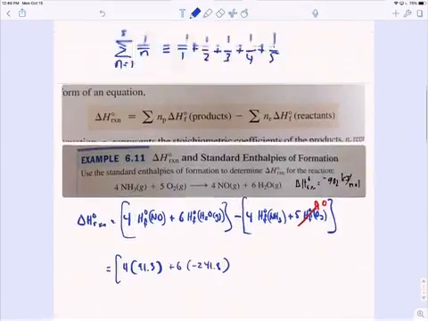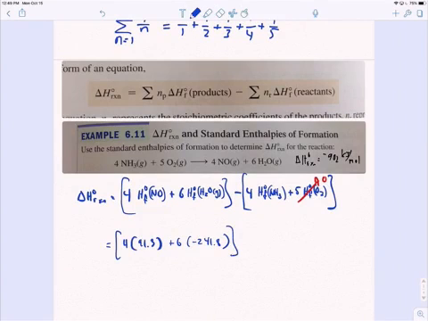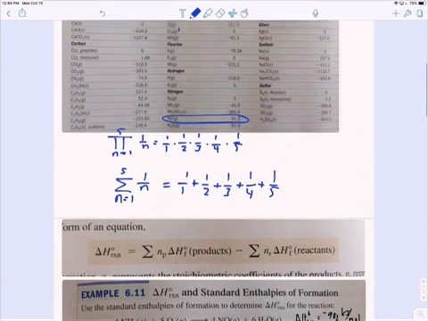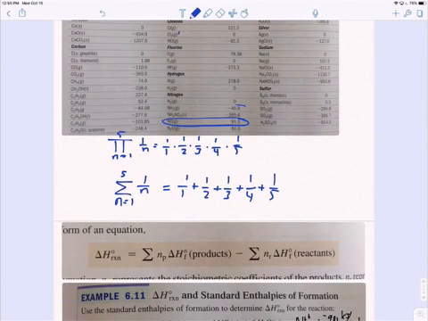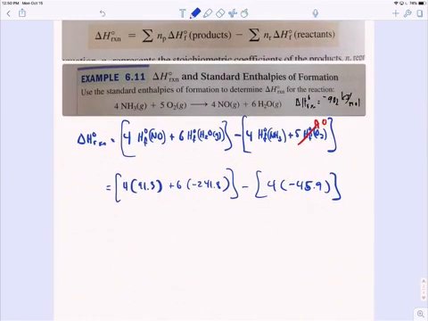Is that right? Was it 241.8? Yep. Minus 4 times ammonia. Ammonia is here, minus 45.9. And oxygen, O2 is 0.